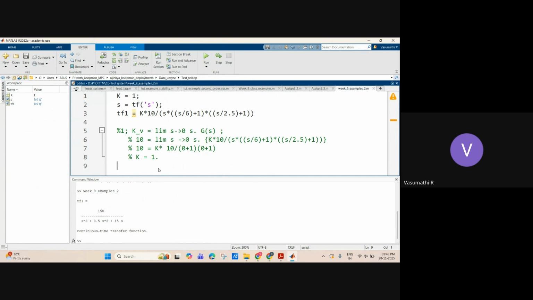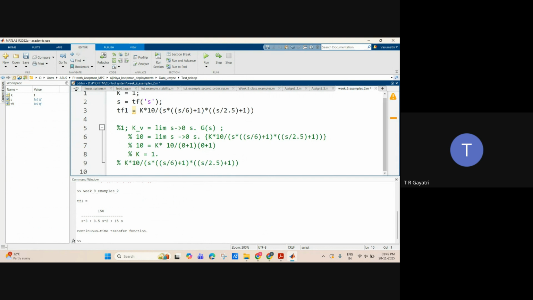If I substitute k is 1 here in this problem, what will the closed loop transfer function be? The characteristic equation would be 10 plus the denominator. If we simplify this, can you give me in terms of a quadratic or cubic equation? It is third order, no? Do all this with s by 6 and s by 2.5.